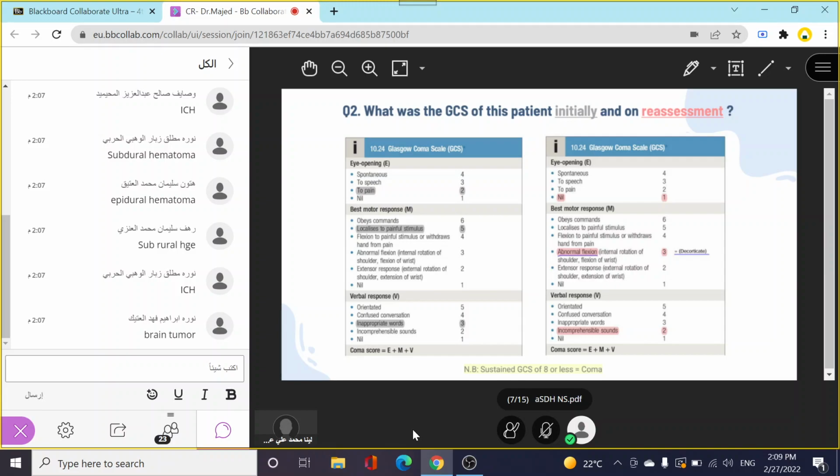While after the reassessment, the patient wasn't opening his eye at all, so he will get 1 point, and he has an abnormal flexion, so he will get 3 points.